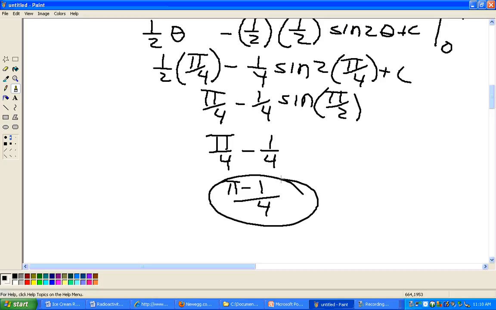That's the answer you get. If it had been a cosine squared, I would have made that substitution with the half angle for cosine squared. So let's look at another one.